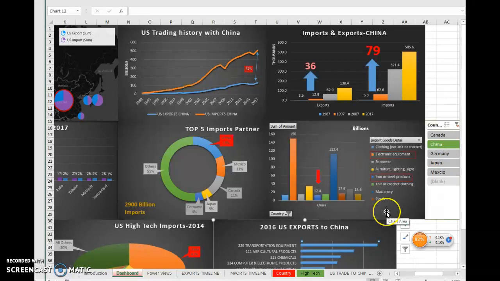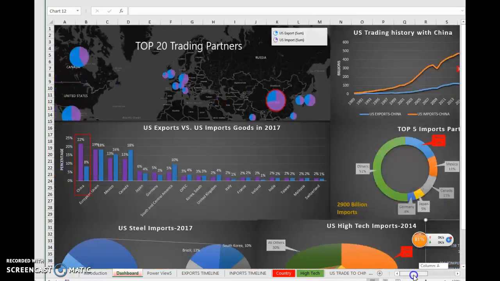So for China, recently on March the 1st, Trump issued a steel tariff regarding countries all over the world. That it was imposed, however. So let's see what percentage China contributes to the steel imports of US.